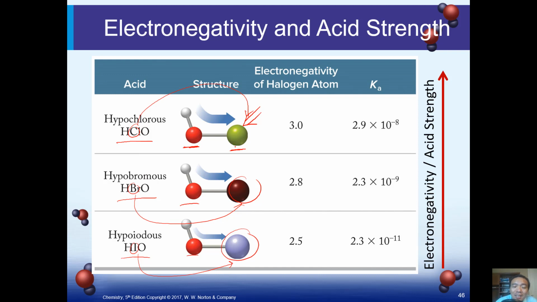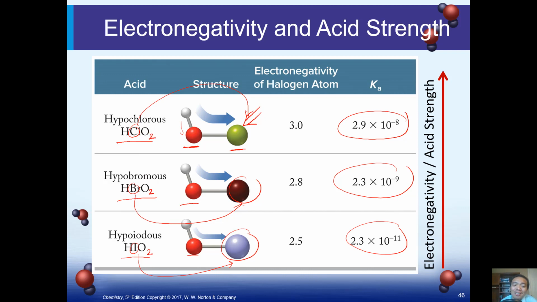That's why the ability to pull away electron density from hydrogen in a successive motion will decrease from top to bottom as well. So the acid strength will decrease from top to bottom, as you can see from comparing the Ka as well.